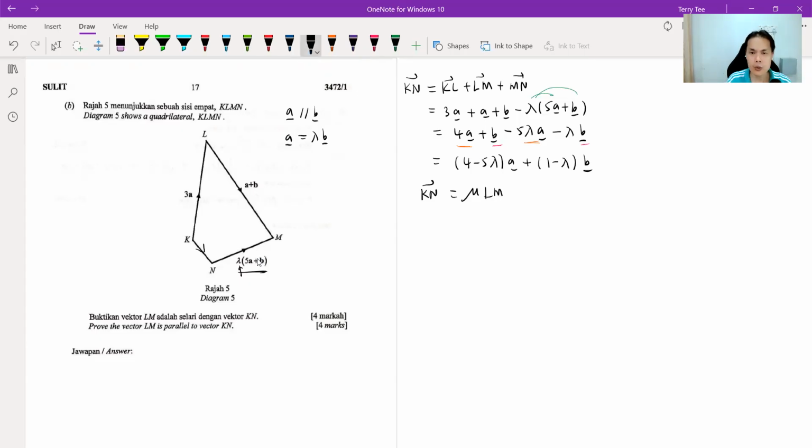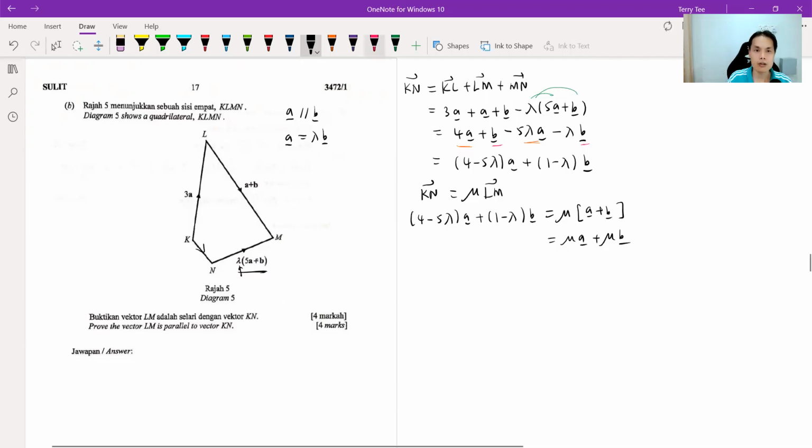Now, we know our KN. Our KN is 4 minus 5 lambda, a, then you add 1 minus lambda, b. My LM, we already know as a plus b. Let us expand this: mu a plus mu b.